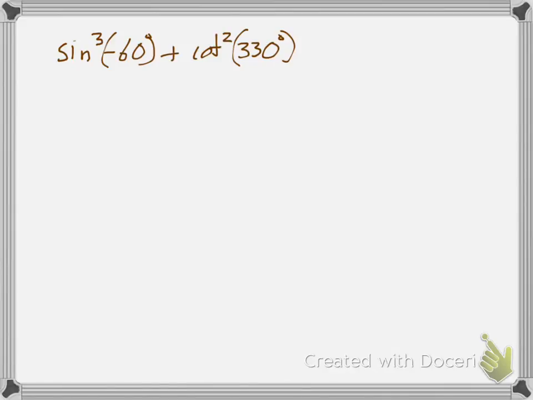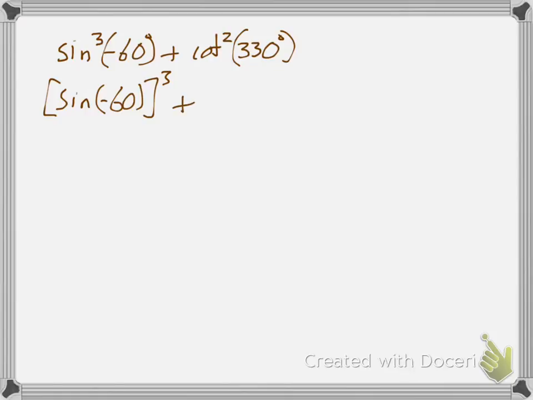So, taking a look at these, I'm going to change the sine cubed of negative 60 to sine of negative 60 to the third power. I'm just going to try getting that power out of there for now so I can evaluate the inside part. Cotangent, I don't like cotangent. I'm going to turn that into 1 over tangent.